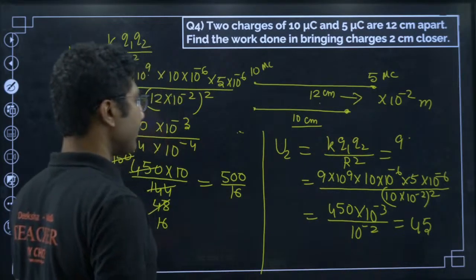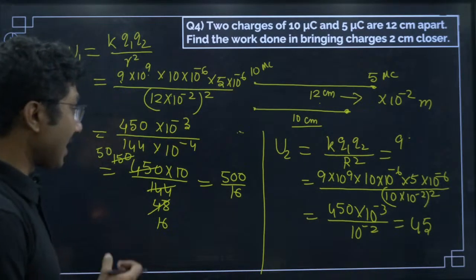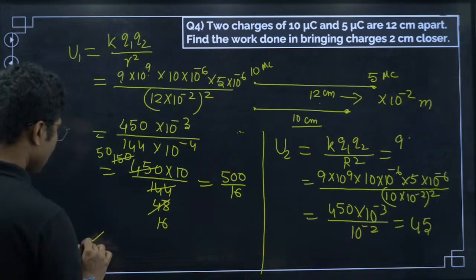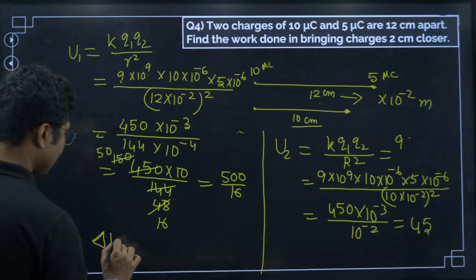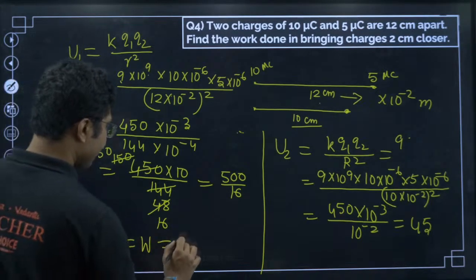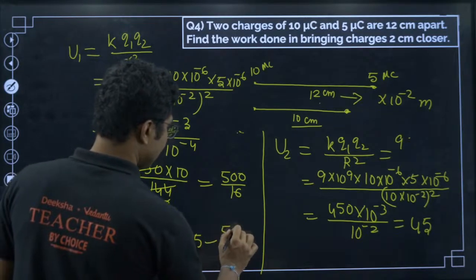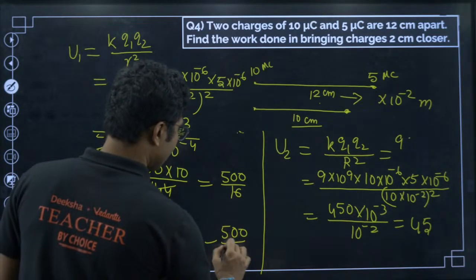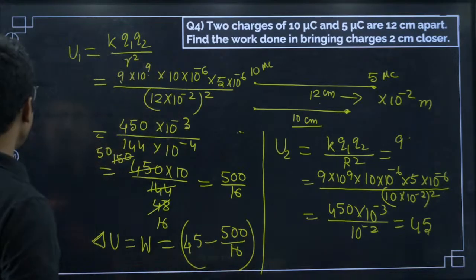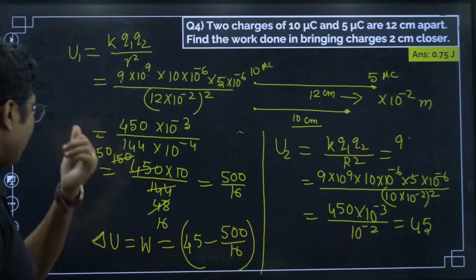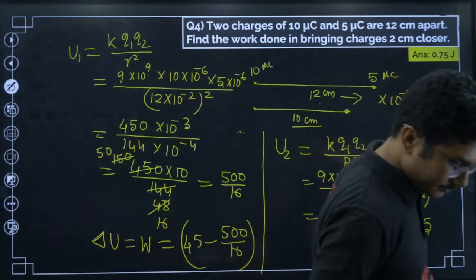So, 45 is the final potential energy, 500 by 16 is the initial potential energy. So, what is the work done? Work done is basically given by the change in the potential energy, which will be final minus initial. You have to do this calculation using your calculator, it will come out to be 0.75 joules, 0.75 joules.